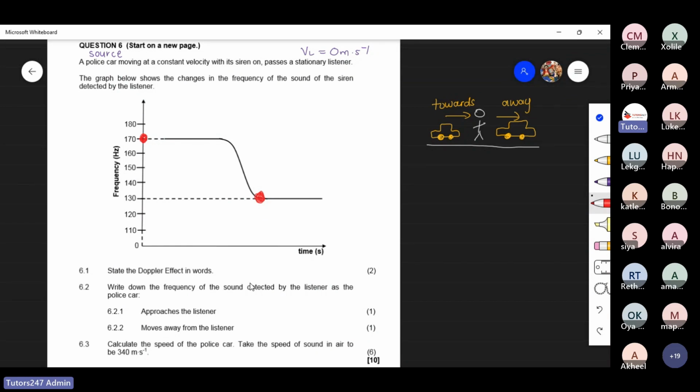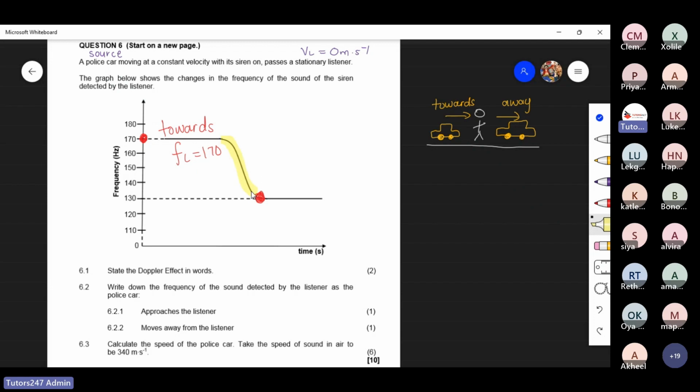The reason behind that is what we've just explained. So the car, or the police car more specifically, was moving towards the listener. Because it was moving towards the listener, it had a greater frequency. So the frequency of the listener was 170 hertz. That is when the police car was moving towards the listener. Then you can see at this point that it changes. I'm going to highlight it.